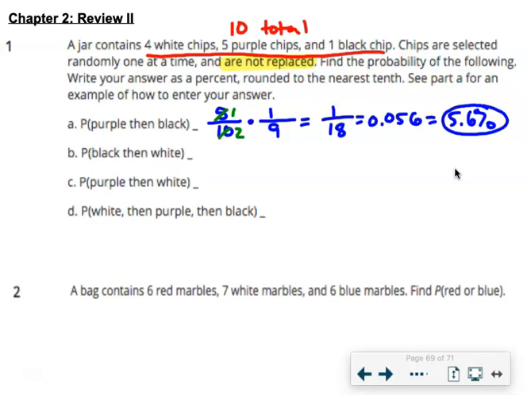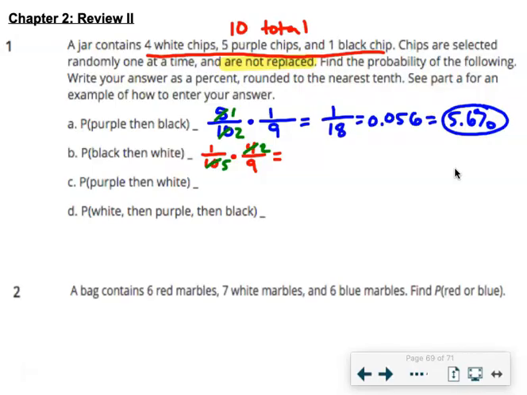Okay? Second one, black then white. So out of 10, there's 1 black to begin with. We want the second one to be white. There's only 9 chips left, and there's 4 of them that are white. Okay? This, you can reduce the 4 with the 10 if you want. So I could divide this by 2 and divide this by 2.